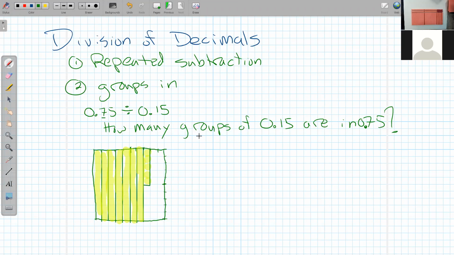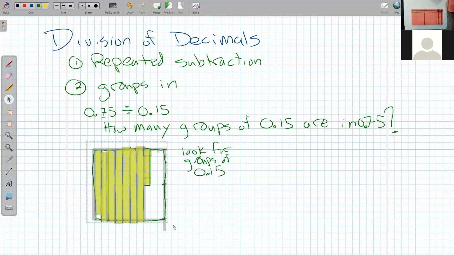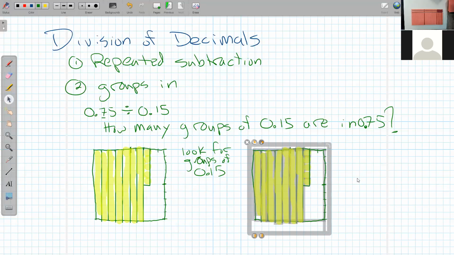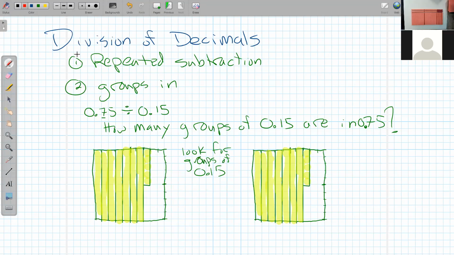And then in there, I want to look for groups of 15 hundredths. I think I'm going to do this in a sequence. Copy that. So 15 is 1 tenth and 5 hundredths.